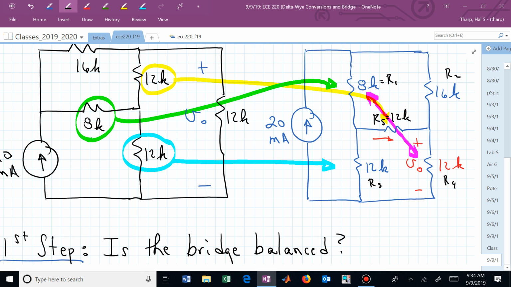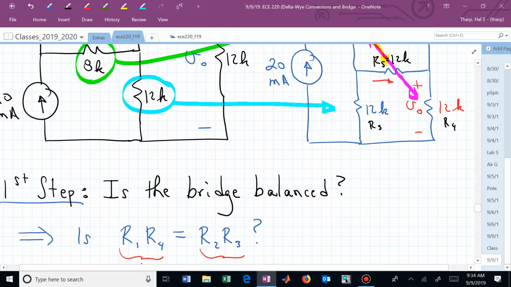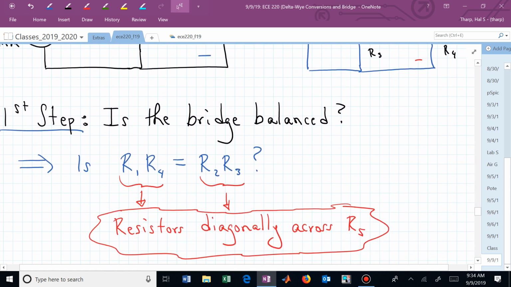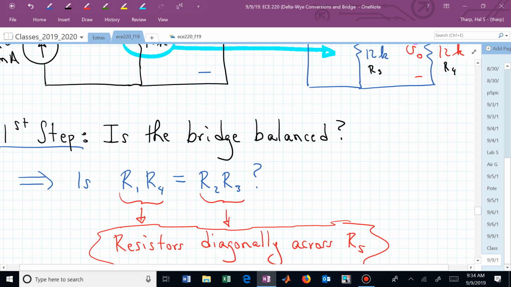What we're saying is, if our bridge is balanced, R1 times R4 needs to equal R2 times R3. So that's what I'm saying, resistors diagonally across R5. Is that true in this case? Is the bridge balanced?